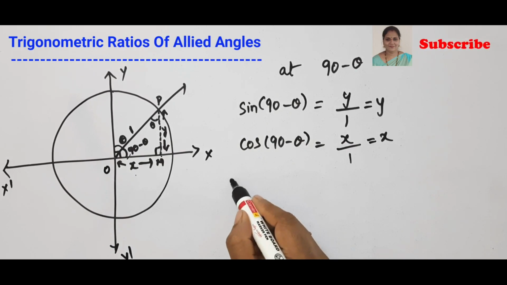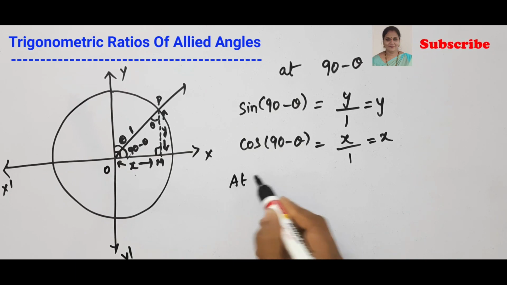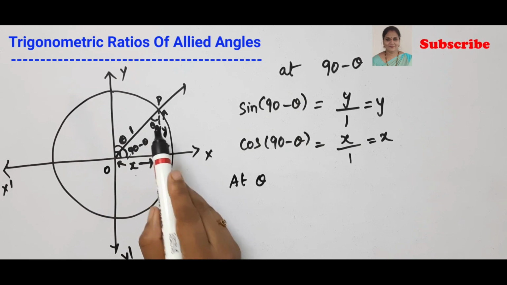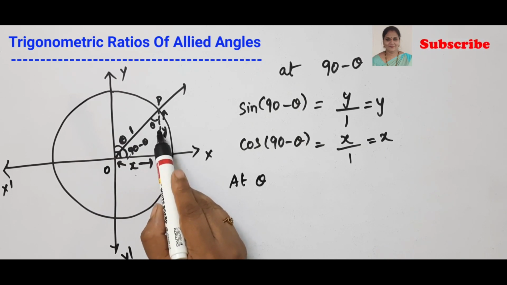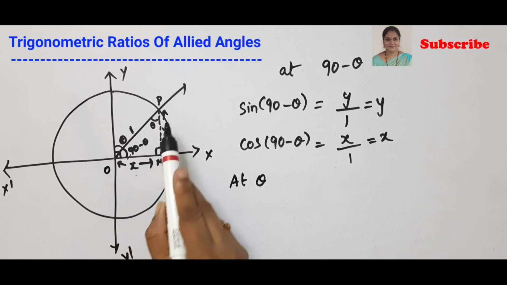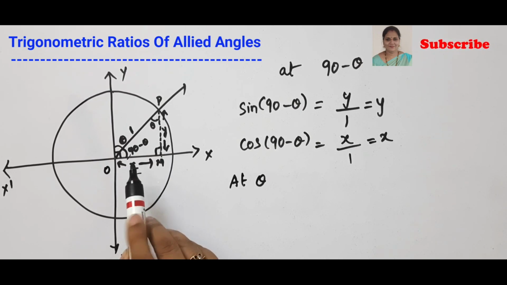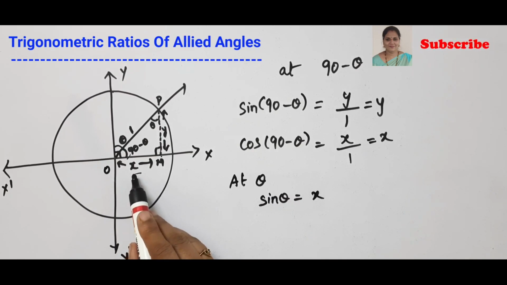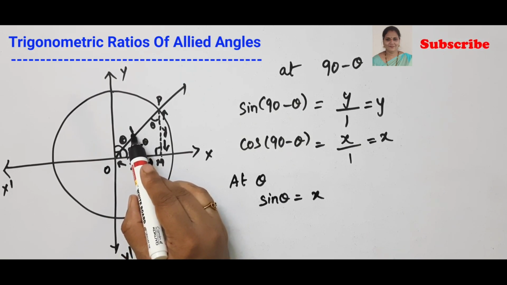If you observe at this angle theta, sine theta will be opposite side to theta, which is OM, which is x. So sine theta is equal to x by hypotenuse. Hypotenuse is 1.